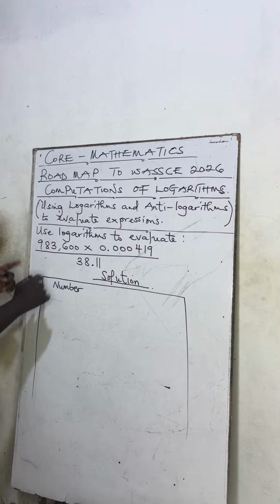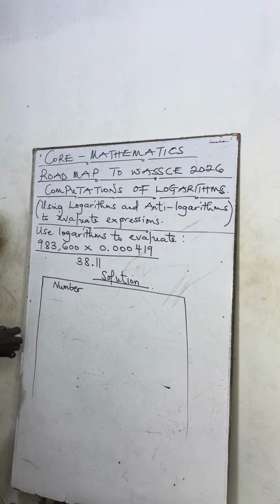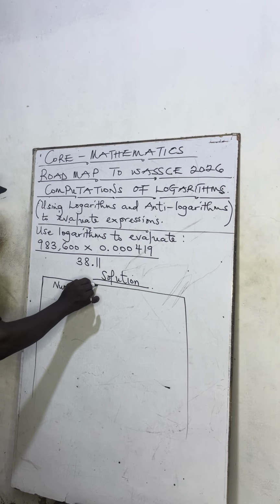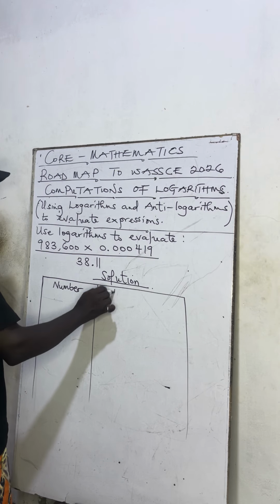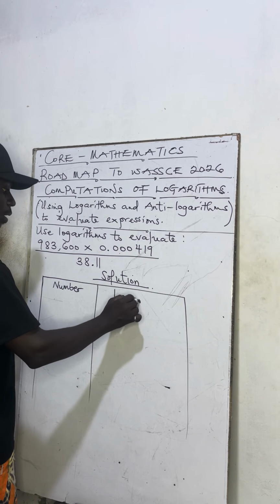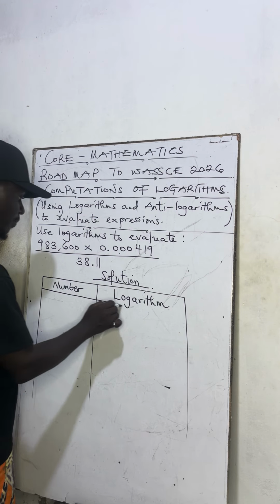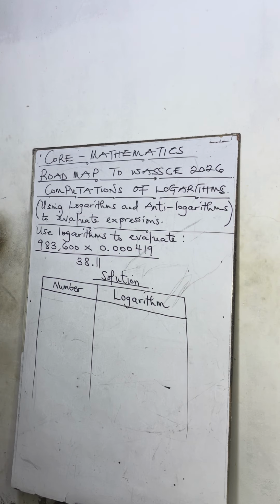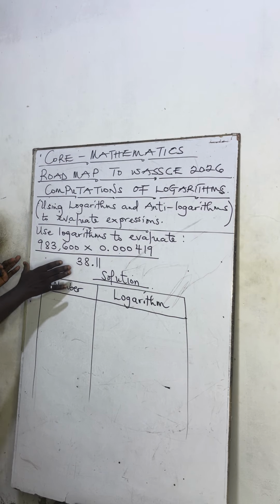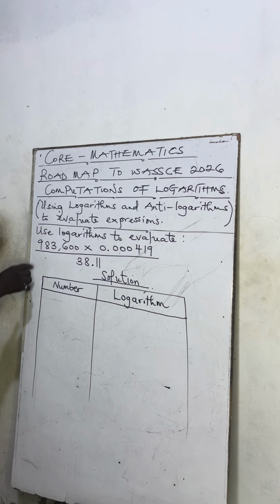Then we have the logarithm here. So this is our actual value before converting it into logarithm.